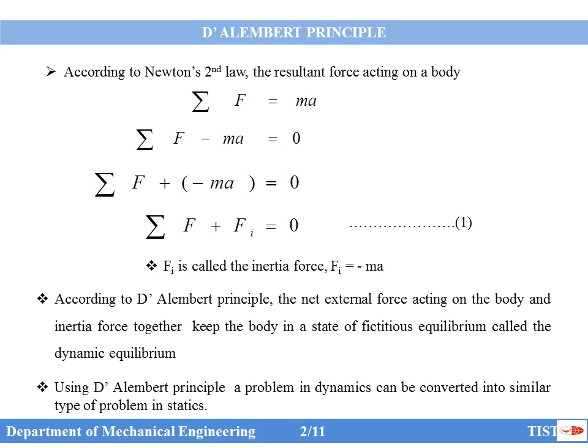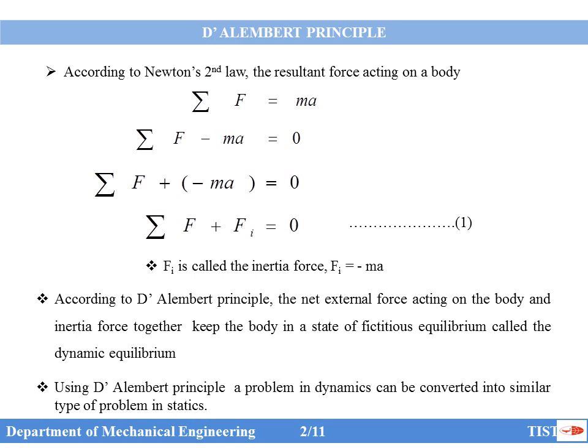We have already done a few problems in kinetics, not in kinematics. The same problems can be solved using D'Alembert's principle. While solving the problems of kinetics, we use resultant force is equal to ma.